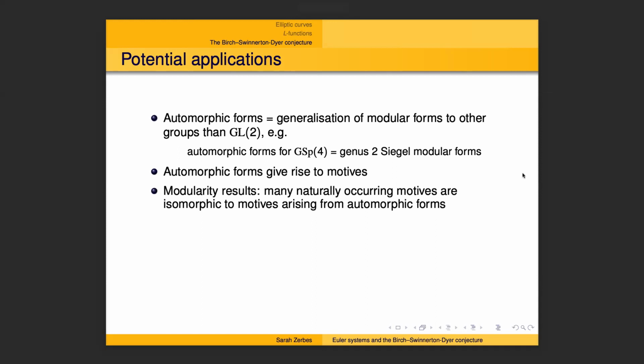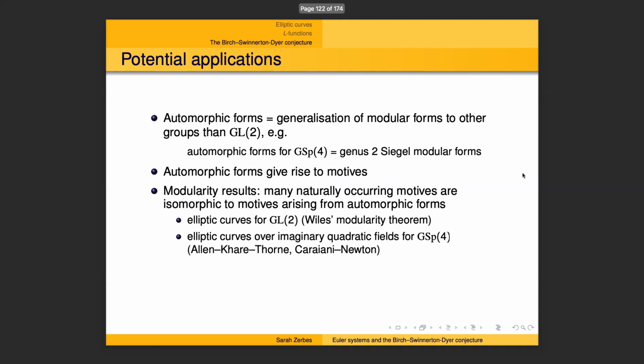And there is a class of results, which are called modularity results, which says that many naturally occurring motives arise as motives attached to automorphic forms. So we have already seen one example, namely Wiles's modularity theorem, because it says motives of elliptic curves correspond to motives attached to modular forms. Well, there are very recent results for elliptic curves over imaginary quadratic fields.